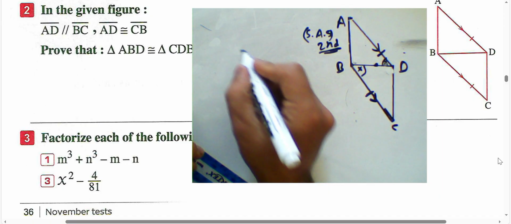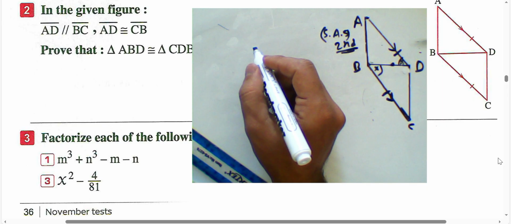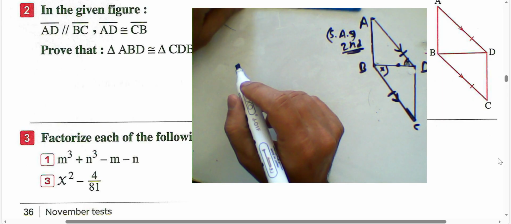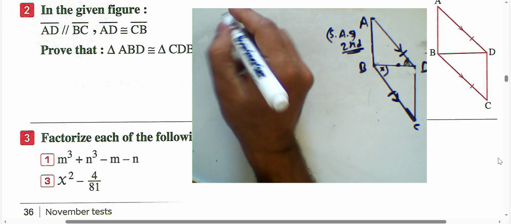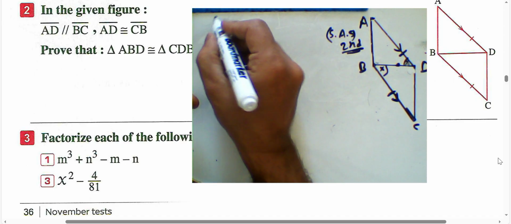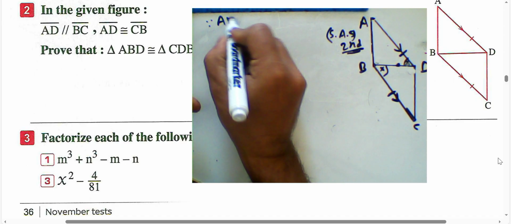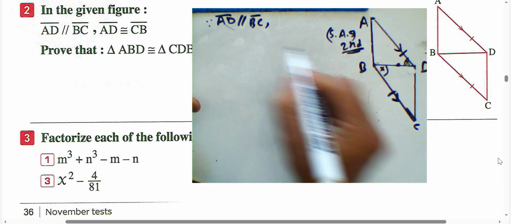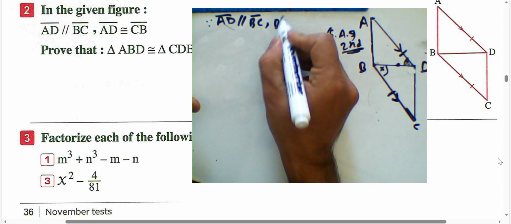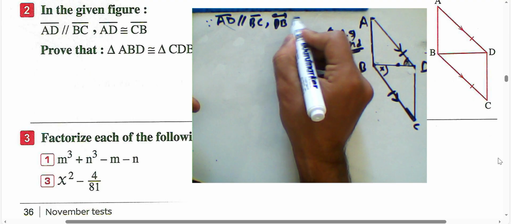Then the proof. To write the steps here in this example, you must first write the proof such that, look here, such that AD is parallel to BC and DB is a transversal of them.